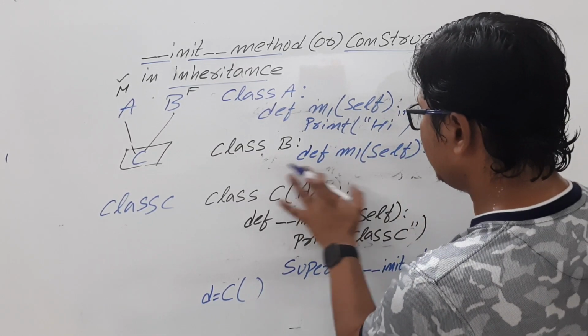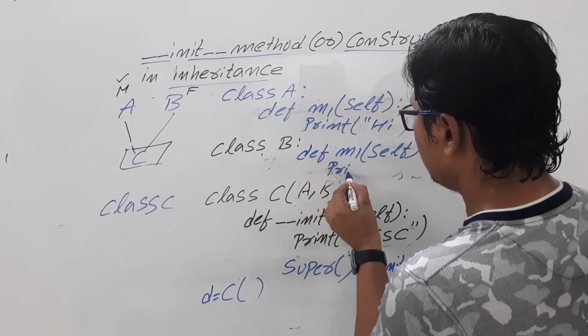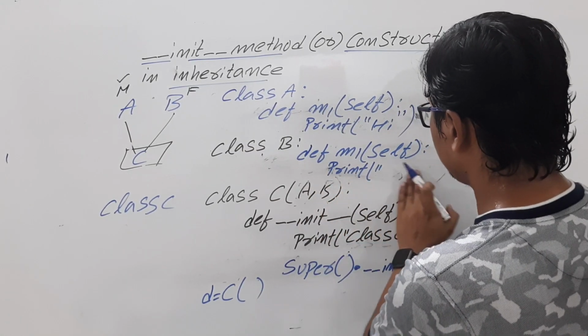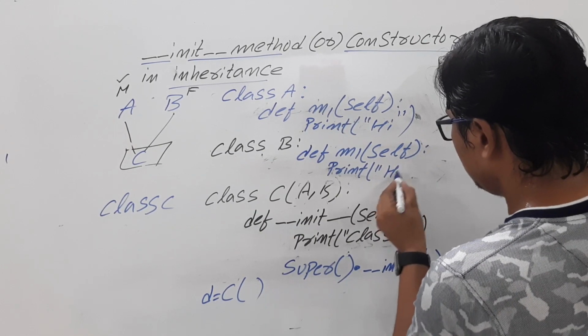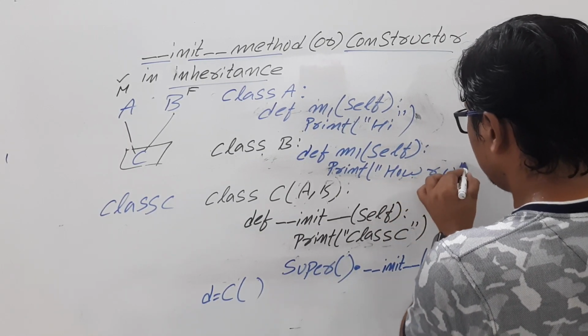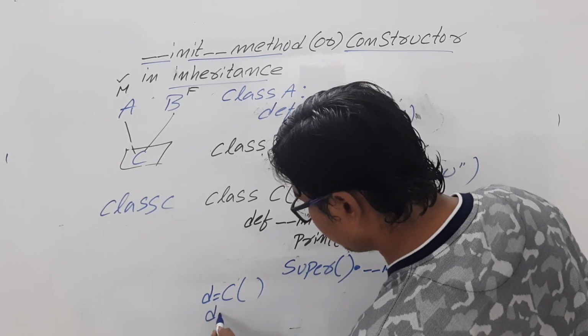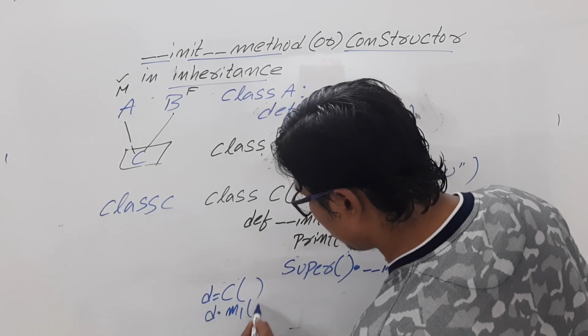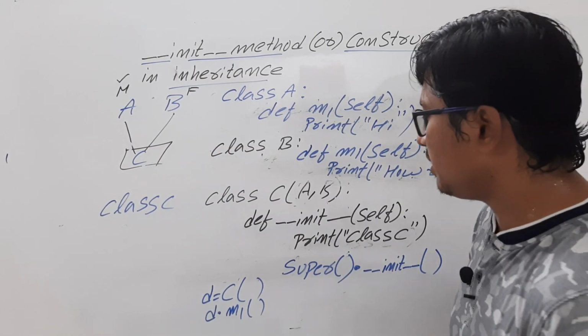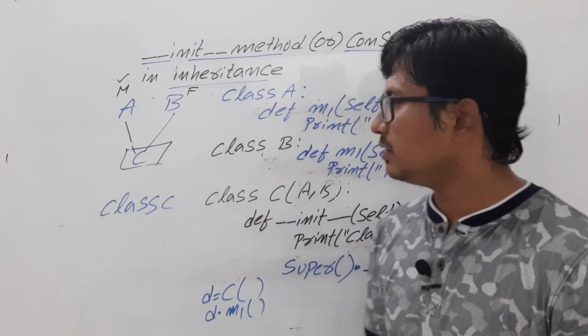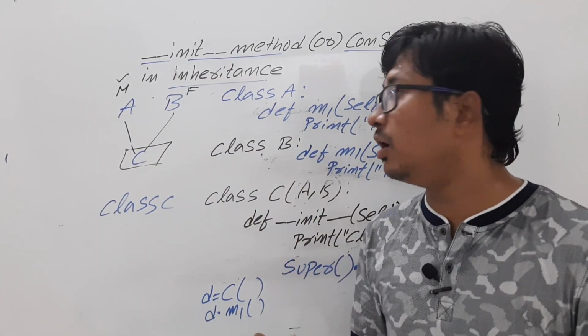Then if you write print how are you, let's take that you have called method m1 using the object which you have created for the class C. Then which method will be called?